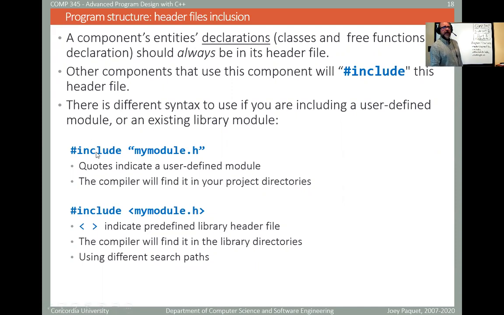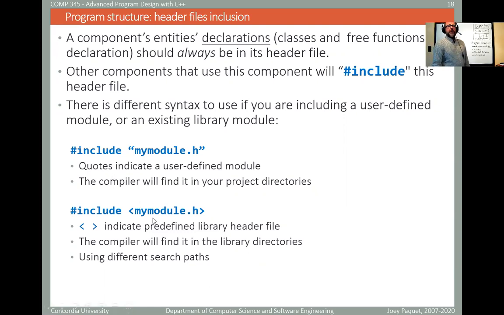You can go hash include and then double quotes, the name of the header file. That's basically saying this is your own user-defined header file, and when the compiler sees the double quotes, it will look inside of your project and try to find this header file. On Visual C++, it's going to look into the headers folder.